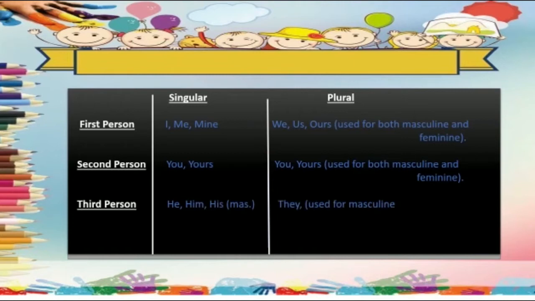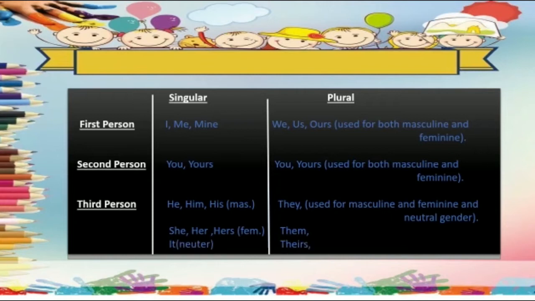Plural, you, yours, used for both masculine and feminine. Third person, he, him, his, masculine. She, her, hers, feminine. It, neuter. Plural, they, used for masculine and feminine and neuter gender. Them, theirs.